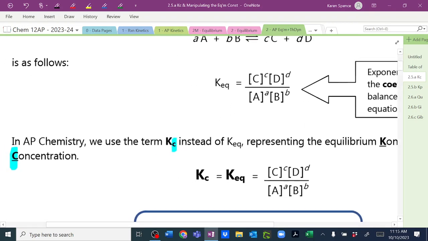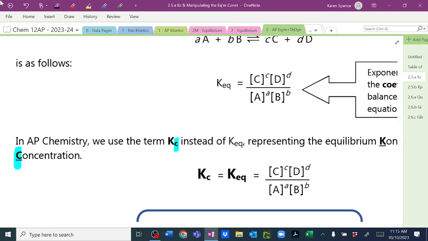So in our K term, we are using, guess what? Concentrations. Does it look any different than Keq? No, because it's the same. Okay? Did you like learning that? That was awesome, right? So if you see Kc, you just think Keq.